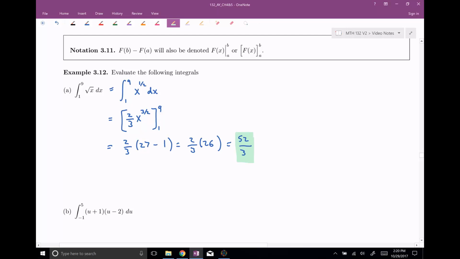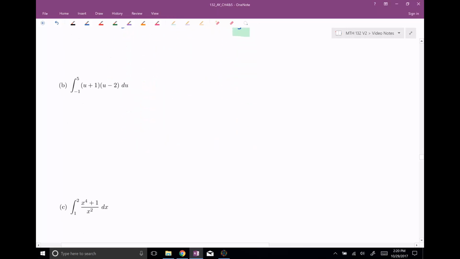All right, for our second example, I need to take the antiderivative of this function right here. I remember there was a product rule for derivatives, but I don't remember a product rule for antiderivatives. There is no product rule for antiderivatives, so to solve this, we're going to do some simplification first. I'm going to distribute all of these pieces.